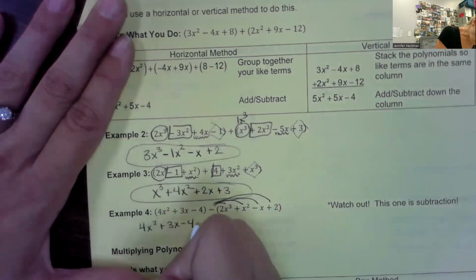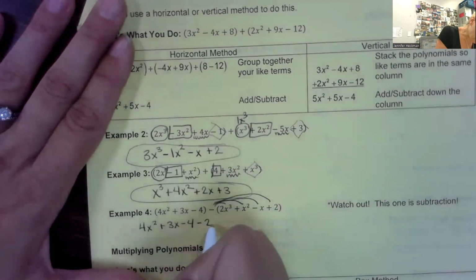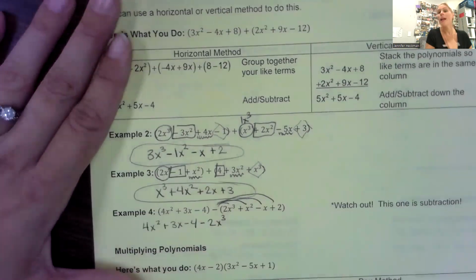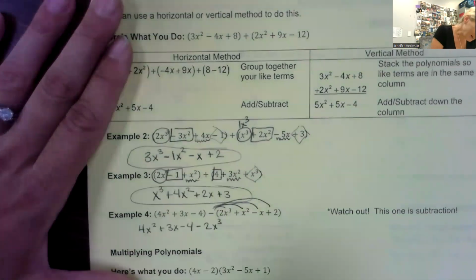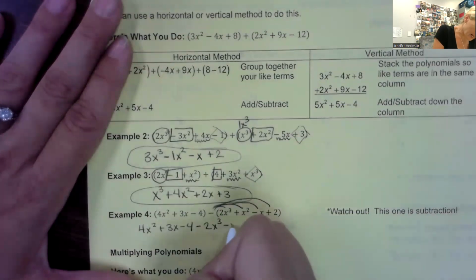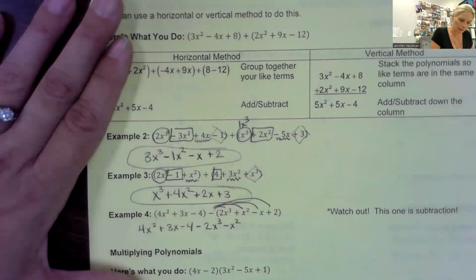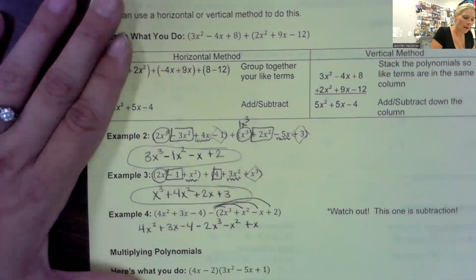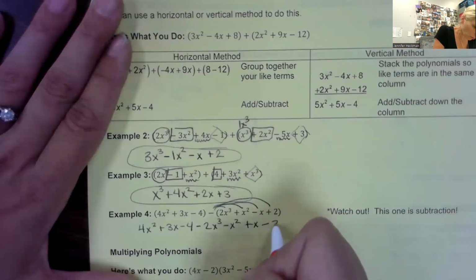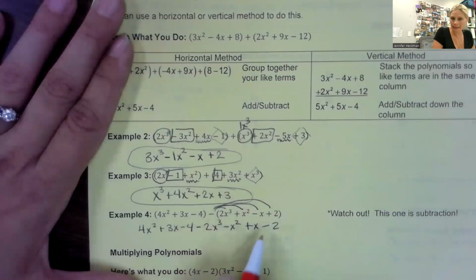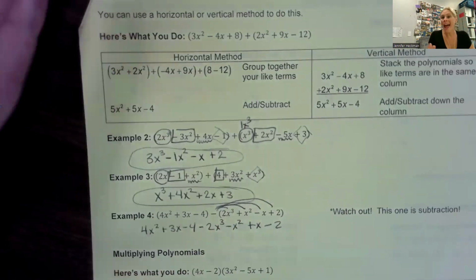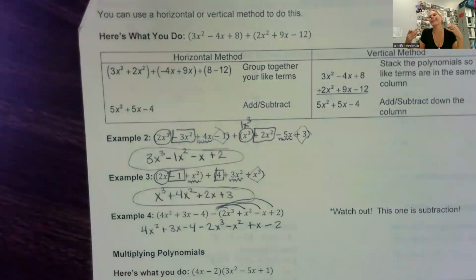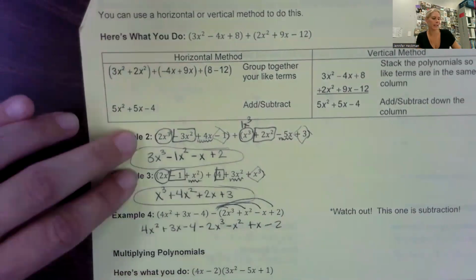So now it would be a negative 2x squared, negative 2x cubed, minus x squared, right? Opposite, plus x minus 2. See how all those are opposites? Okay, now I can combine, I can actually add them just like I did up here.